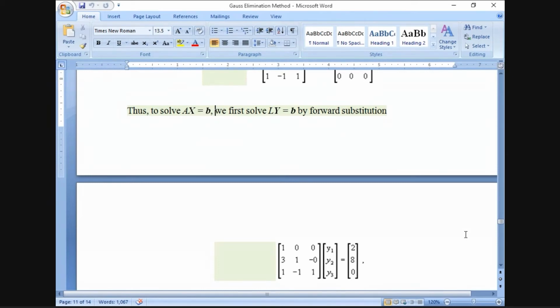Just write down in the chat box the values of y1, y2 and y3.